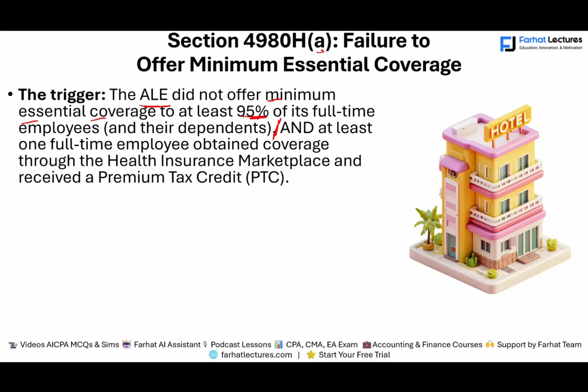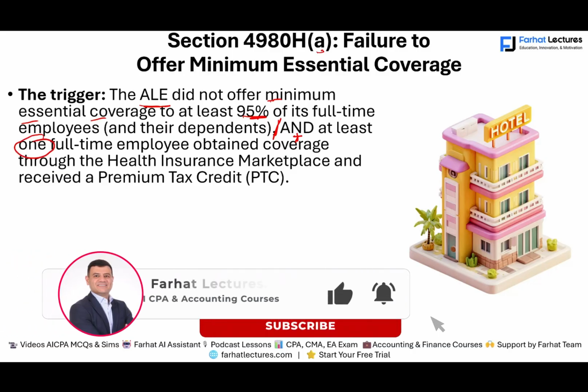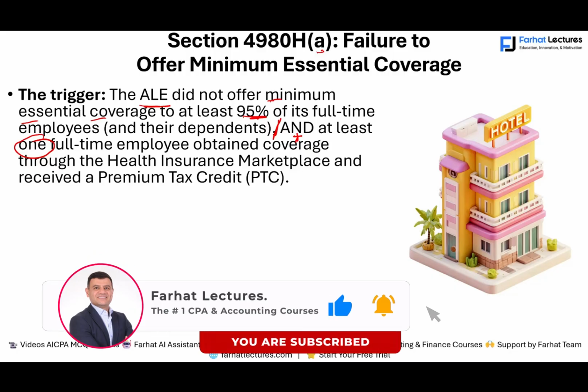And notice here, we have to be specific for the penalty to kick in. It's not only that 95% are not covered, and at least one, notice, one of those employees. You could have 1,000 employees and you don't offer them MEC, and you have no penalty.